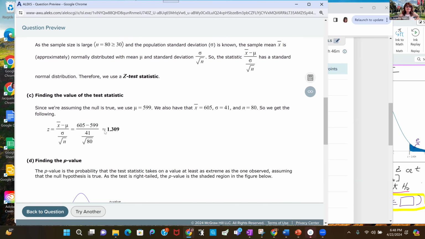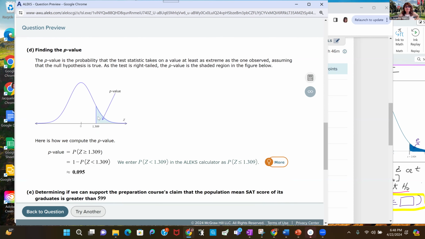And then you calculate that test statistic. This is a right-tailed test, so you want this area to the right. So you have to subtract the area from the left from 1. The area to the left plus the area to the right equals 1.